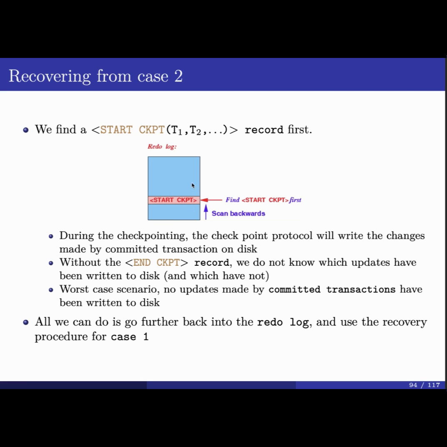So it looks like we don't have a start checkpoint at all, because for any committed transaction before this start checkpoint, we cannot guarantee that their changes have been reflected to the disk. So in this case, without the checkpoint, we cannot tell. The worst case scenario is that no updates at all have been reflected to the disk for all the database elements modified by any committed transaction.